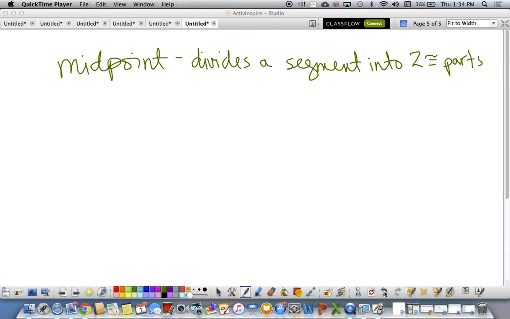If the distance from school to my house is 7 miles, what is the midpoint? 3.5, 3.5. So if I say it breaks it into 2 congruent parts, here's the beginning, here's the end, it breaks it right here into 2 congruent parts. Okay, we could also say it breaks it in half. So we just simply divided 7 by 2.